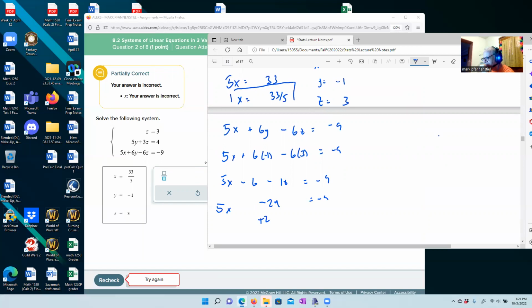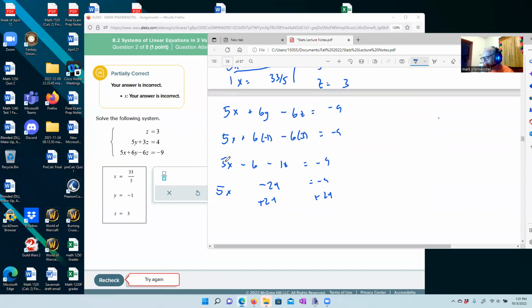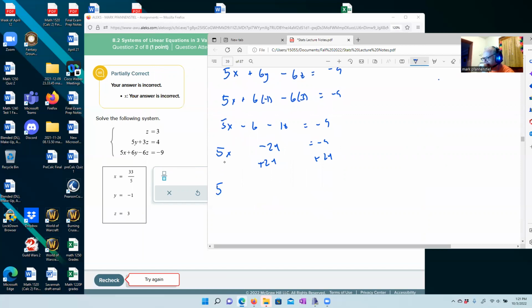5x, we'll add 24 to both sides. Let's see, 24 minus 9 is going to be 14. It looks like 15. Okay, this sounds a little bit better. I like 5x is equal to 15. And then we'll have x is equal to 3.